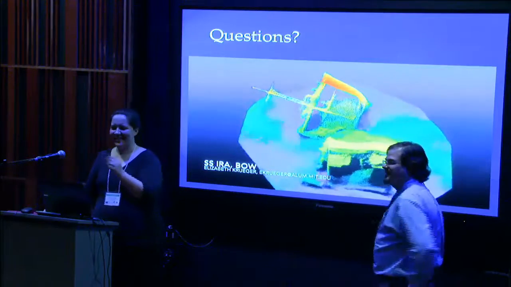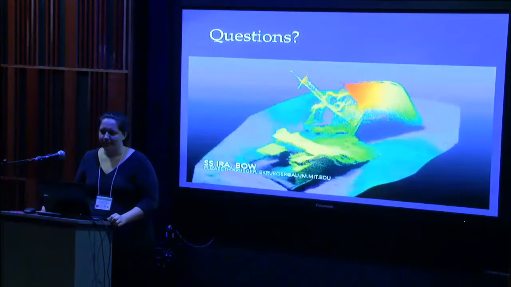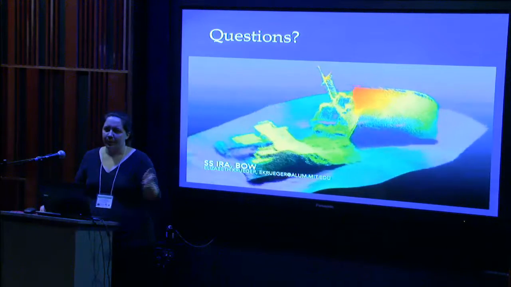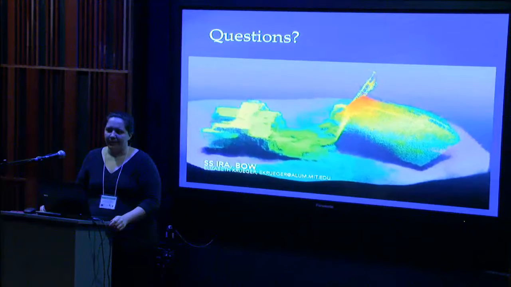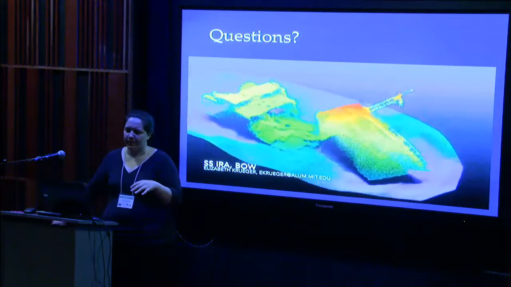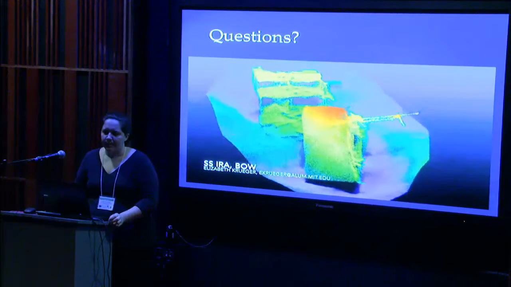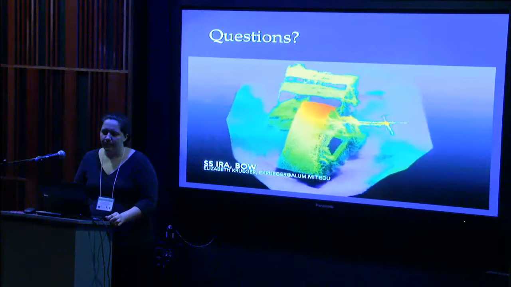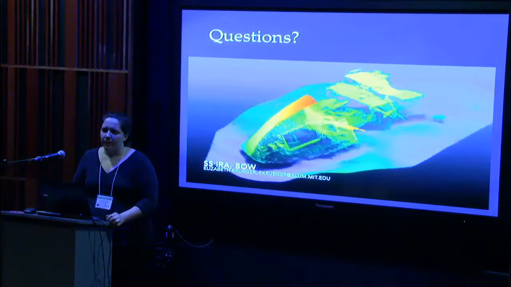Yes? You said at high tide that this is about 20 meters. Yeah, it depends on where on the sands you are, because it can vary from like 5 to 10 meters at some of the higher areas to like 20 to 30 meters down, depending on where on the sandbank you are. Do you know if you could get the same kind of results at a much more significant depth, or have you thought about trying anything?